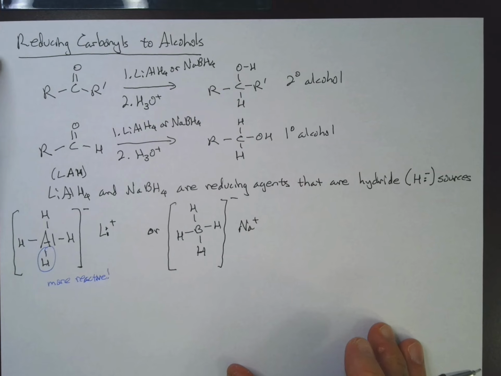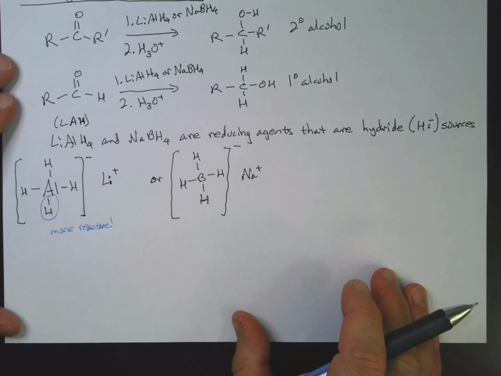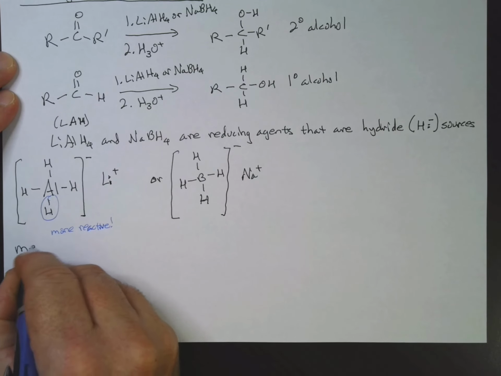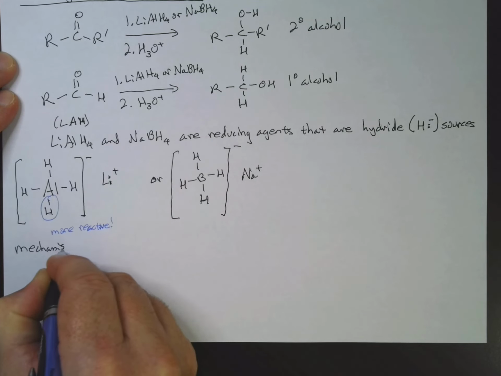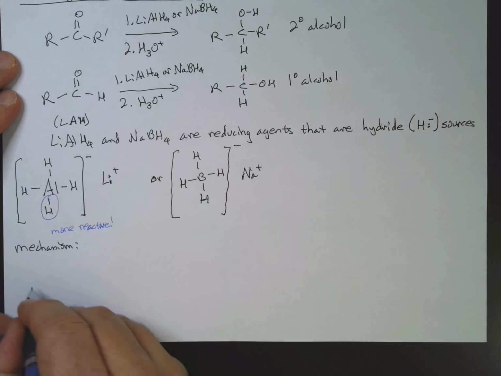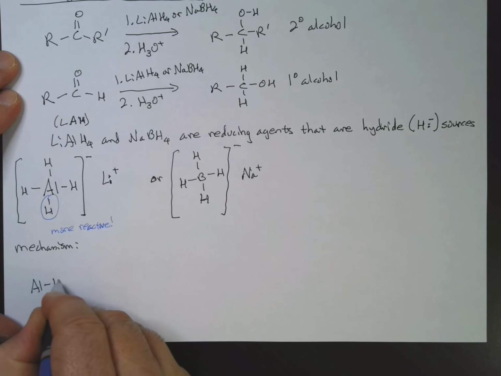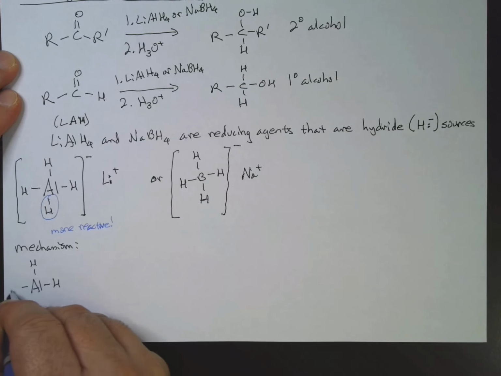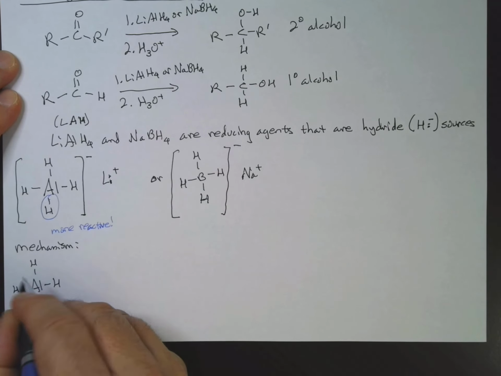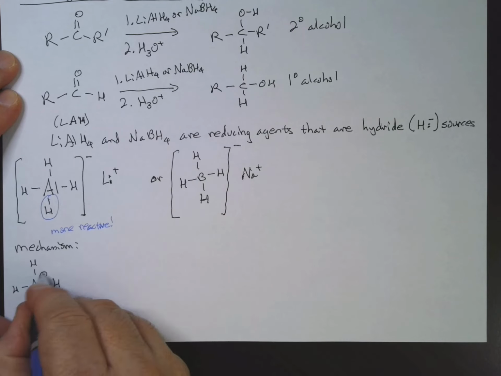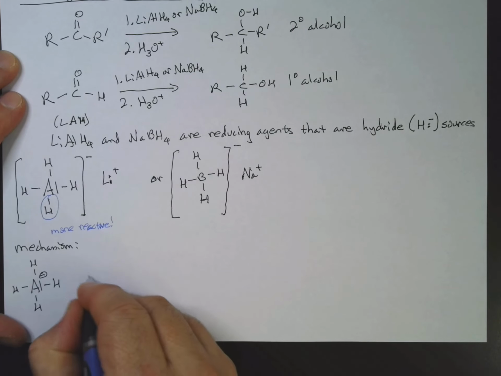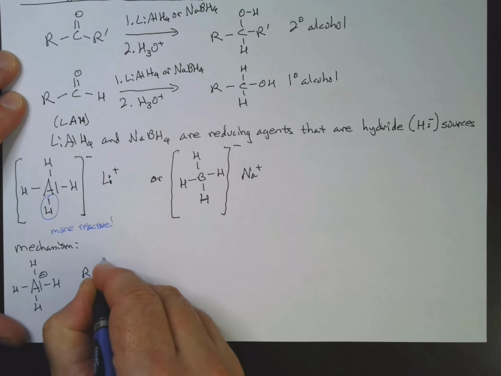And just to show the mechanism here, to give you guys an idea, we'll have our AlH4, H minus charge, and we'll have our RC double bond O R prime.